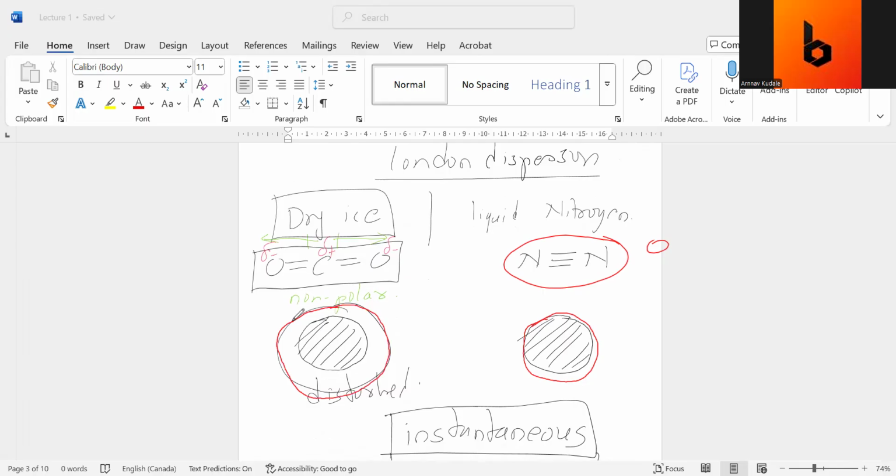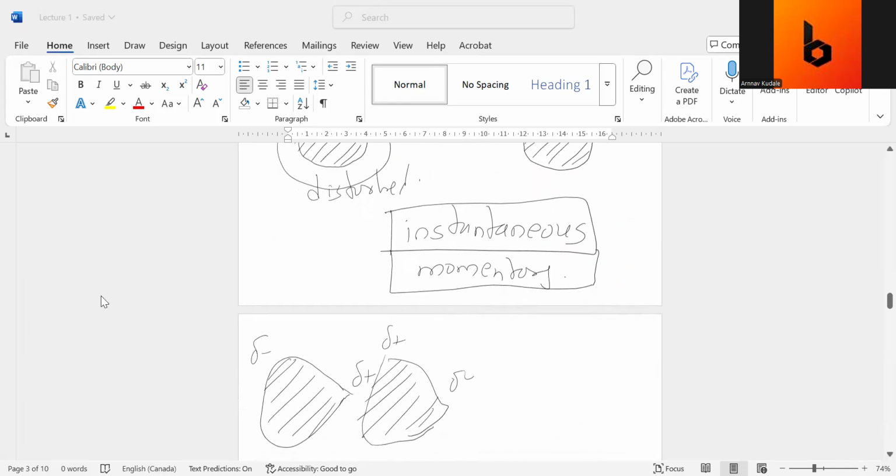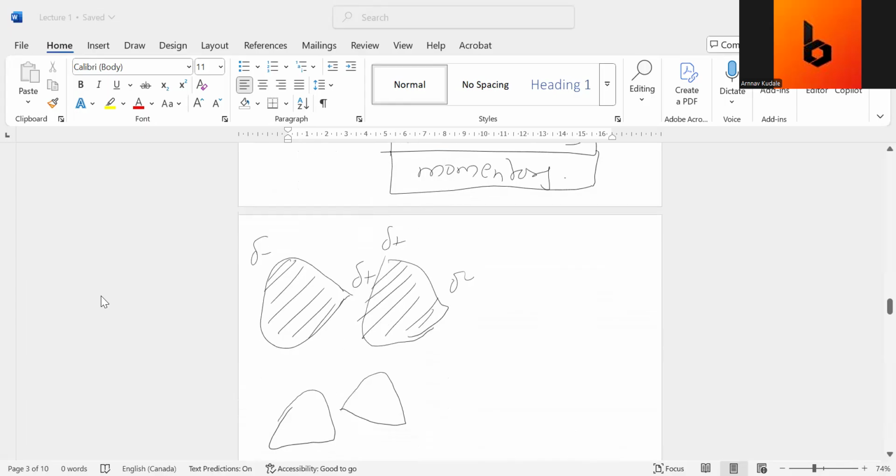But if for some reason the electron cloud shifts, maybe because of some motion or some impurity, that will induce a transient dipole, delta negative here and delta positive there.